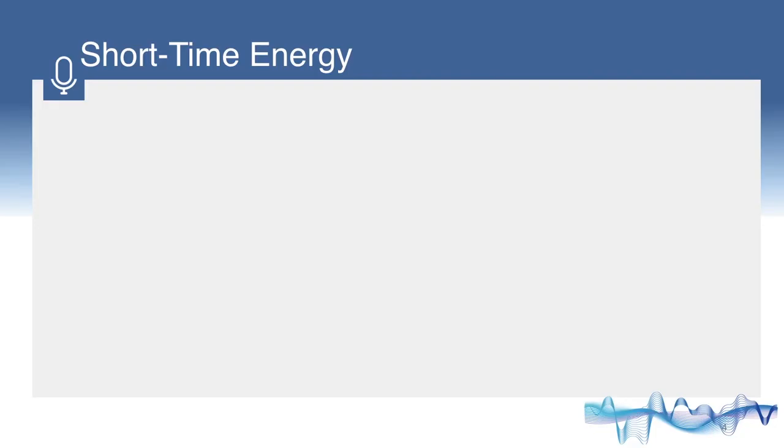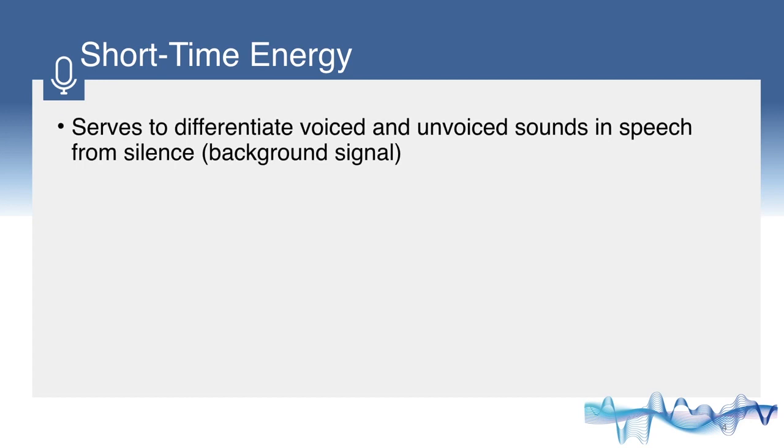Generally, the short-time processing window is said to be rectangular when computing the short-time energy. Short-time energy can serve to differentiate voiced and unvoiced sounds in speech from silence and background noise.